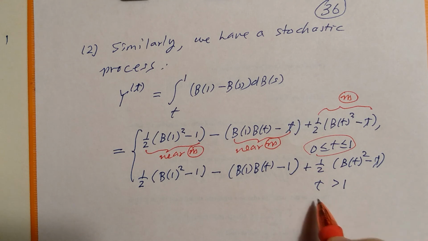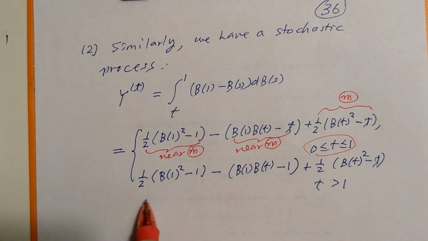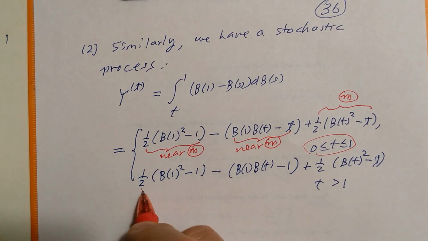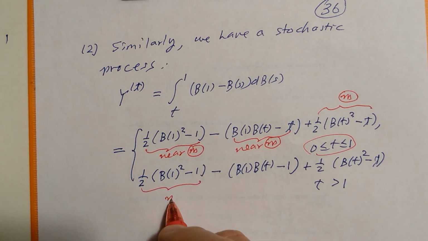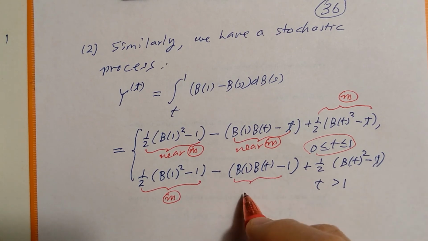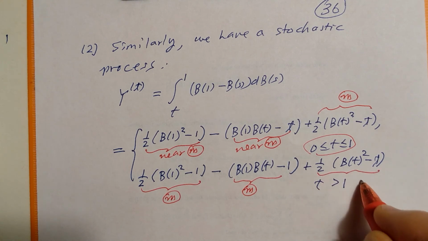On the other hand, when t is greater than 1, now the first term here is adapted because t is greater than 1. So this is a martingale. And the second term is also a martingale. And the last part here is also a martingale.